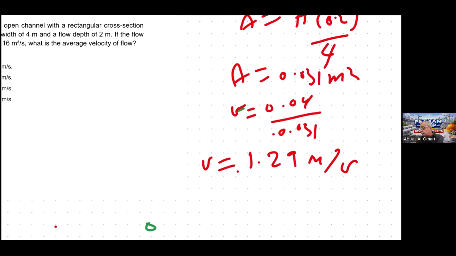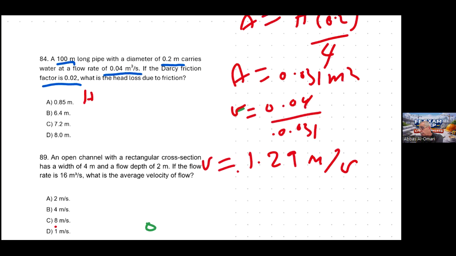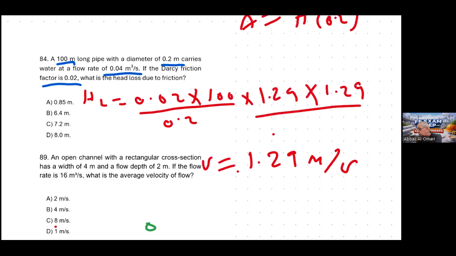So let's substitute here. Head loss equals F, which is 0.02, by L, which is 100 meter, over D, which is 0.2, by V square, so V is 1.29 by 1.29, over 2g, 2 by 9.81.